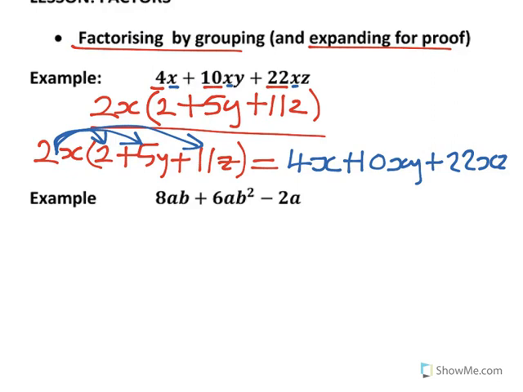Now, if you get 22xz, you will see that this is the same problem that you got in the first part. So this is a way of proving whether you are correct or wrong.